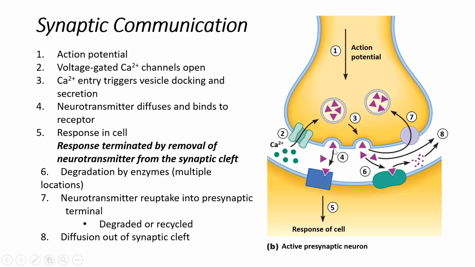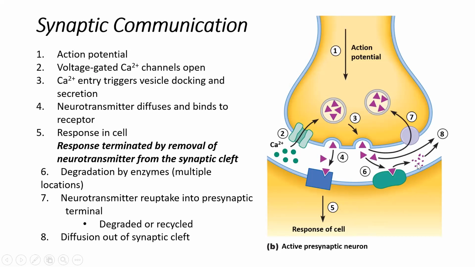So it travels across the synapse here, binds onto this receptor. Again, it's going to be specific to the neurotransmitter. That will bring about some type of cellular response. And then the response will be terminated when all of that neurotransmitter has left the synaptic cleft, or has left the junction, okay? To bring that about, we have the enzyme on the postsynaptic side, degrading any of that excess neurotransmitter into smaller fragments.